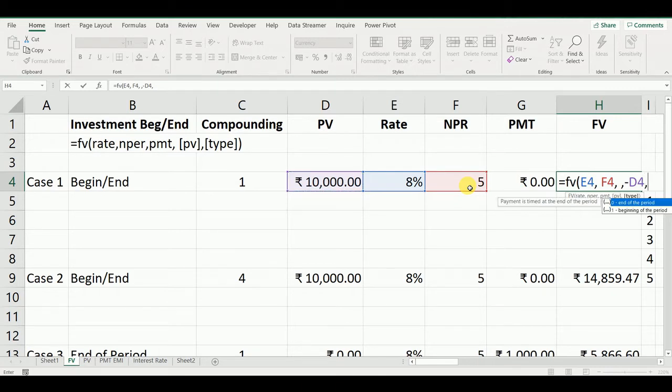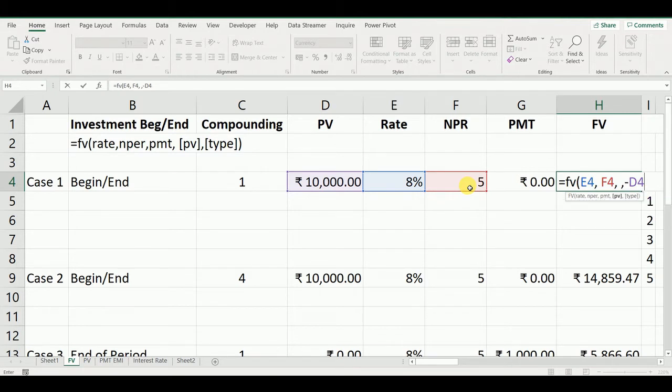Now comma. Now we have to give type. That means we are investing at the beginning of the period or end of the period. But this option is useful when we are investing the amount in a periodical manner. But here we are investing once, so we can leave it blank.